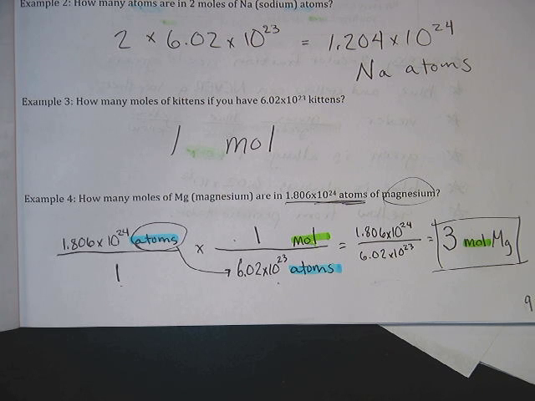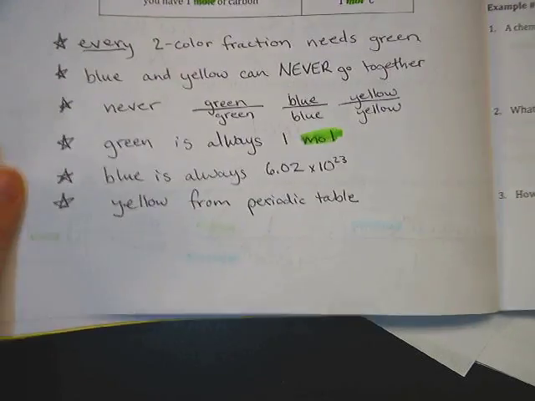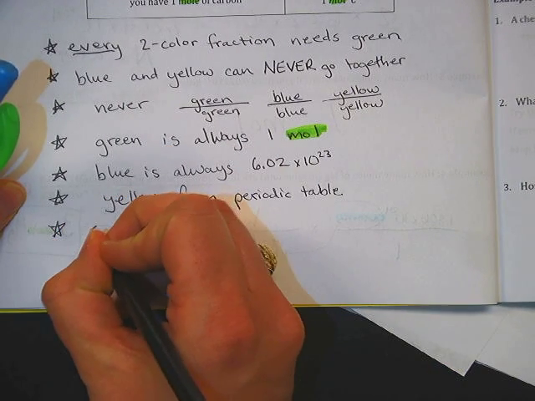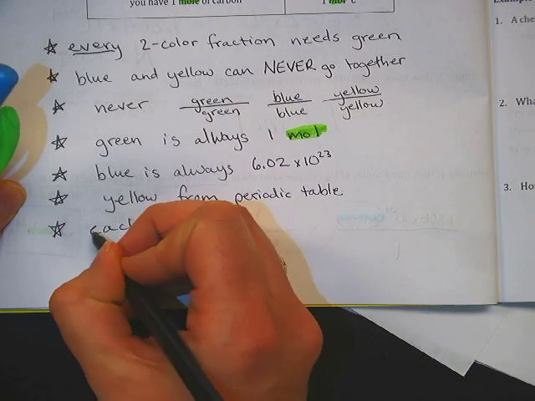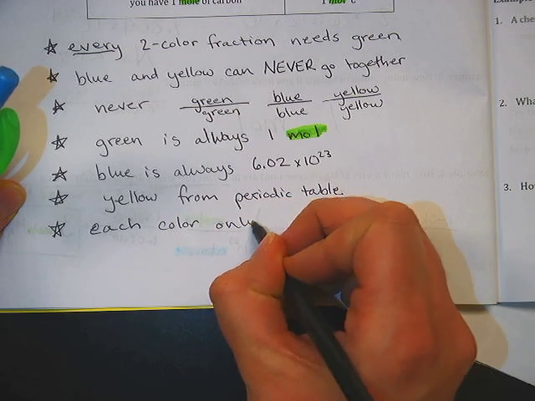If you use a color 3 times, I guarantee something is wrong. If you use it at all, you've got to use it a second time. So, keeping that secret in mind, we can even write the secret down: each color only gets used twice.